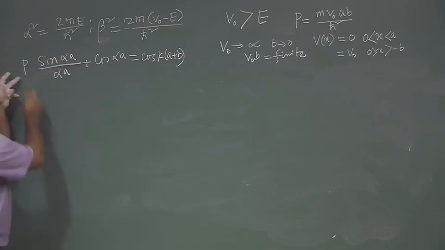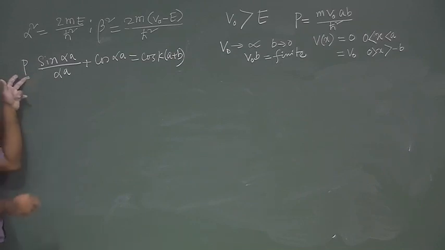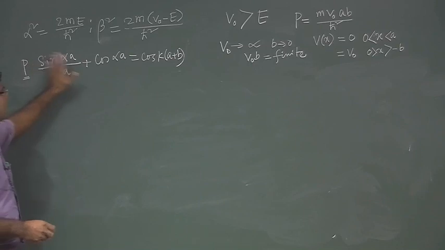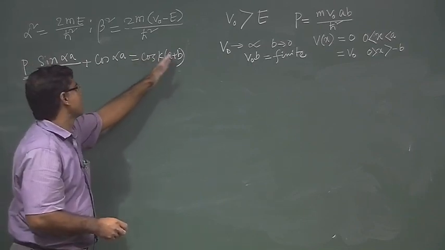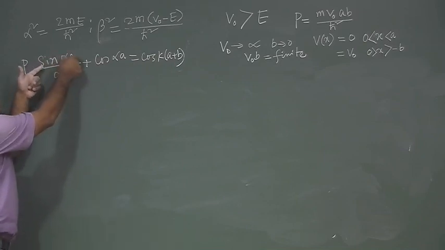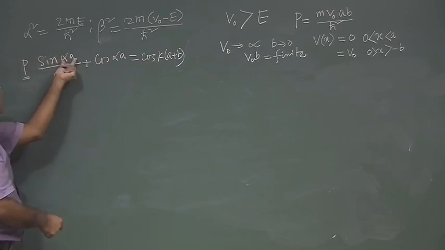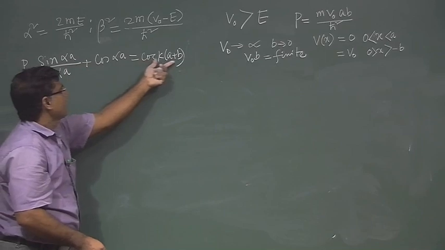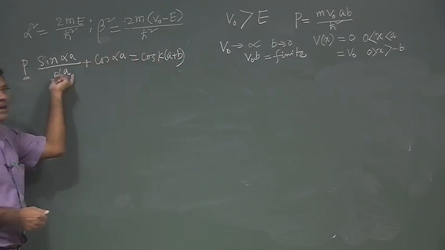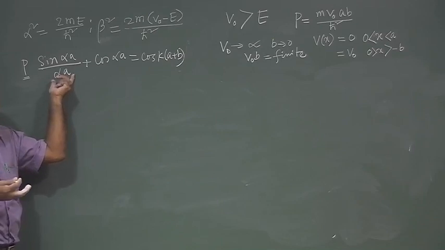So, what will be the p value? You see, these are angles, cos of this and sin of this. So, alpha a or whatever these are, are basically in radian. So, alpha a also will be in radian, right.